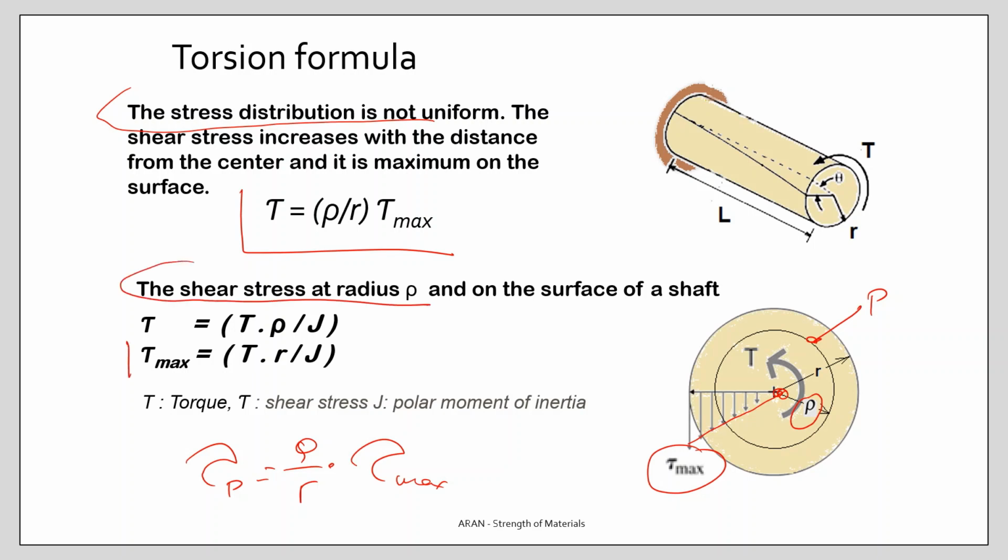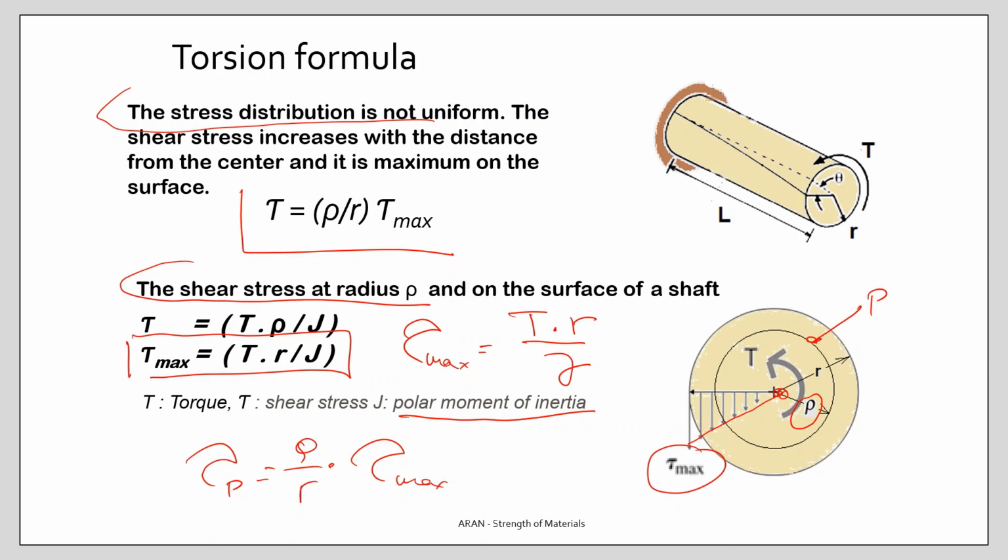What about the value of the shear stress? Let's take the maximum. So this formula tells me the following. Your maximum shear stress on the surface depends on the torque you apply, on the radius, and on the J value, which is the polar moment of inertia.